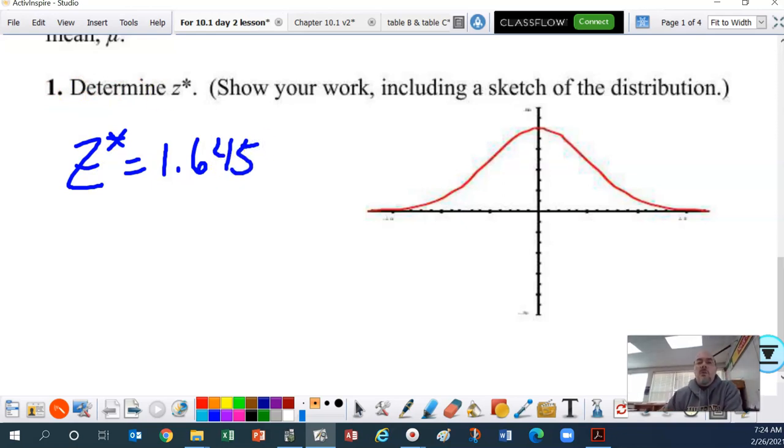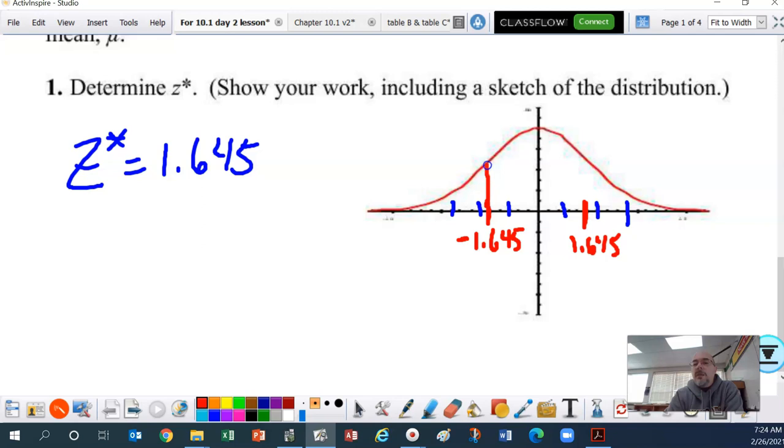Okay, so 90%, remember, I'm going to go ahead and mark 1, 2, 3, 1, 2, 3. So 1.645 in either direction is going to be right about here. So this is negative 1.645 to positive 1.645.